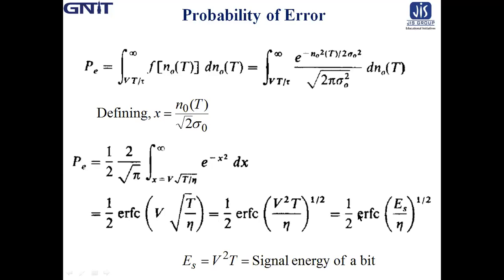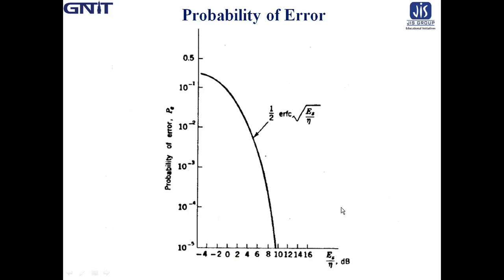It will be half. So this shows the curve of error probability PE versus Es by eta for half ERFC of root over Es by eta, a monotonically decreasing function. PE decreases rapidly as Es by eta increases, and the maximum value of PE is half.